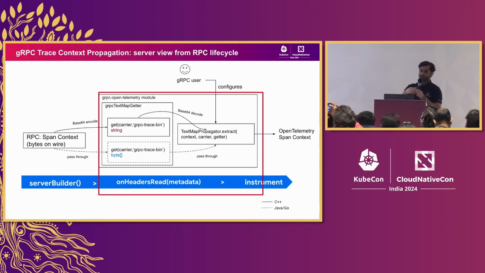Now the carrier will come before and it will extract the header, which is basically coming from the wire, whether it's string or bytes, and it will handle both formats, and then it will give it to the text map propagator, and then the text map propagator will make sense of it and create an OpenTelemetry span context out of it, which will be again those 29 bytes object, and it will be readable.